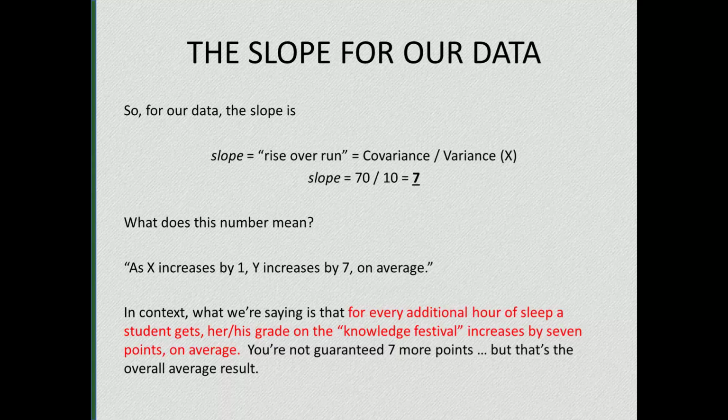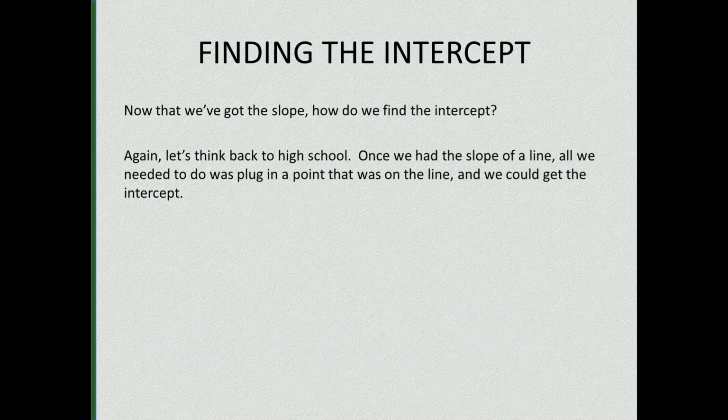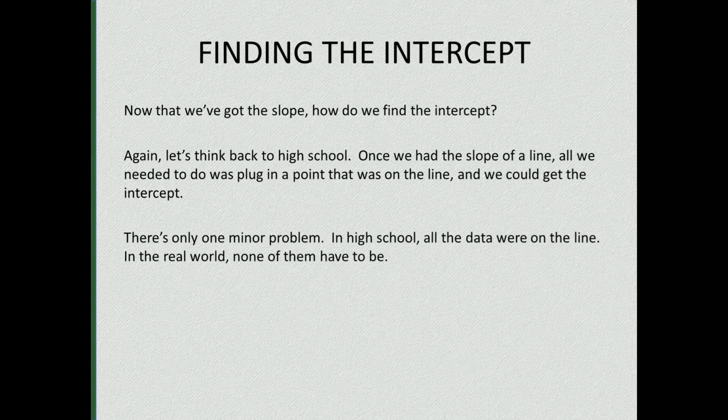How do we get an intercept? Again, think back to what we did in high school. Once you know a slope, then all you need to do is plug in a point that's on a line, and you can get the intercept. And again, back in high school, all the points were on the line. In the real world, none of the data points has to be on the line.